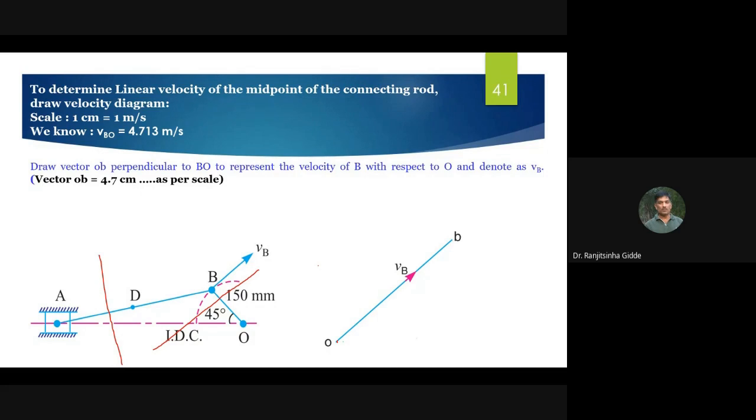Velocity diagram, we have already studied in the previous batch. Ajay, are you there? Shubham, understand? Okay, so what is next step, Shubham?